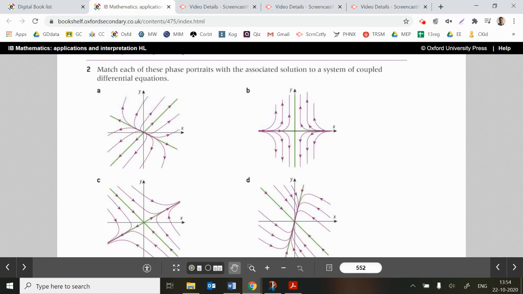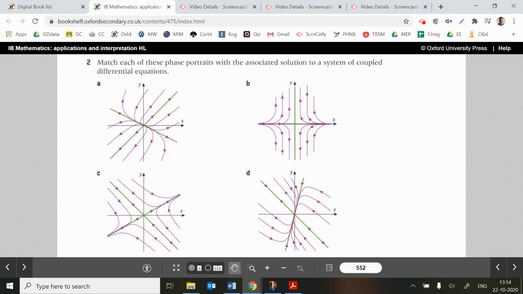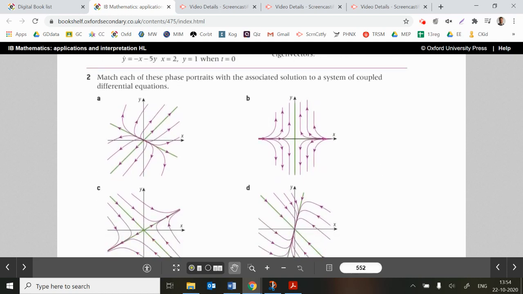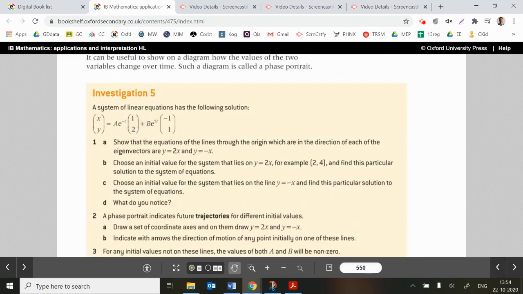That's what will happen. And there are many different versions of these phase portraits, but they're essentially determined by the eigenvalues and their eigenvectors. Because of course our solutions are in terms of eigenvectors and eigenvalues.